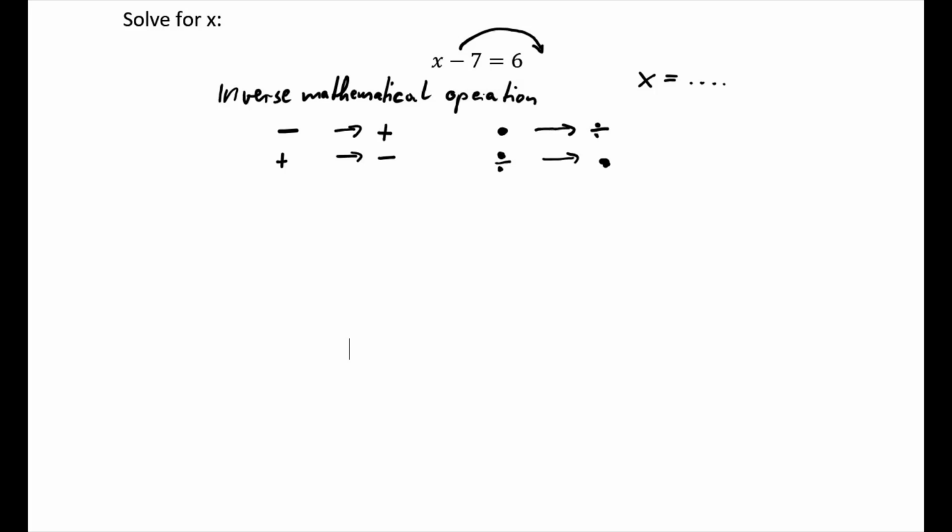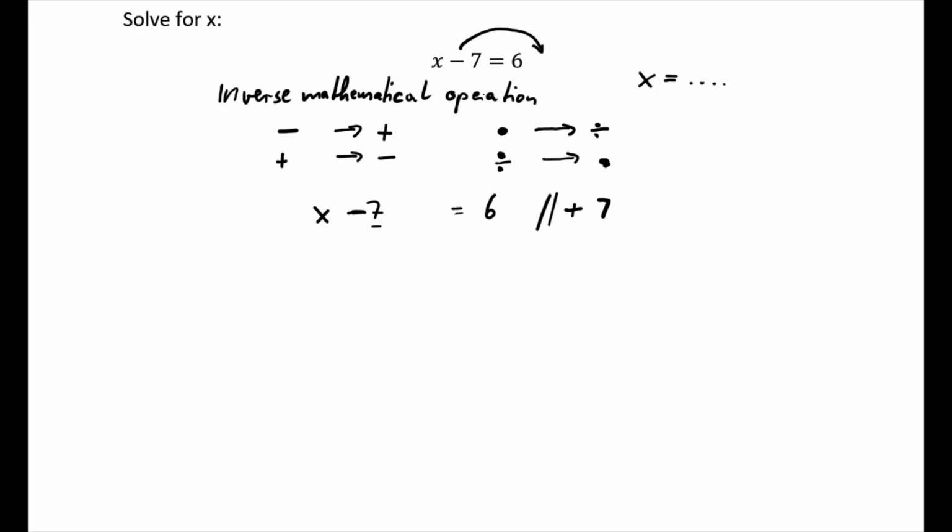Now what I can do is, and I'll write it down here again, x minus 7 equals 6. What I can do is the inverse mathematical operation of -7. The inverse operation of minus is plus, and I add the same number, +7.